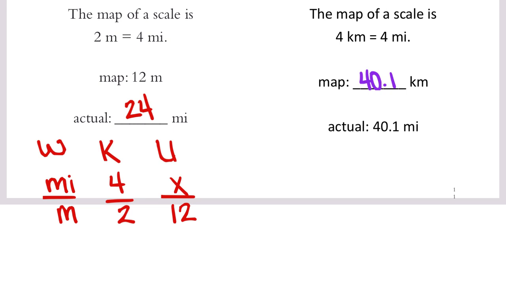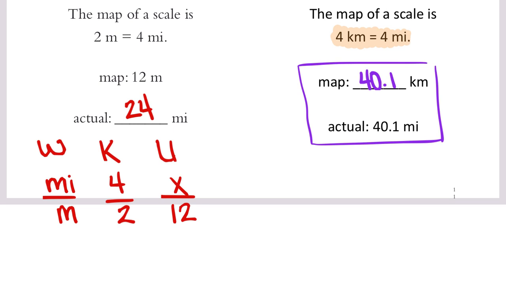How do you get 40.1? It's just as she said, when you look at the scale, the miles and the kilometers are going to be the same number. So how do you get 0.1? Because it gave us down here in the question.